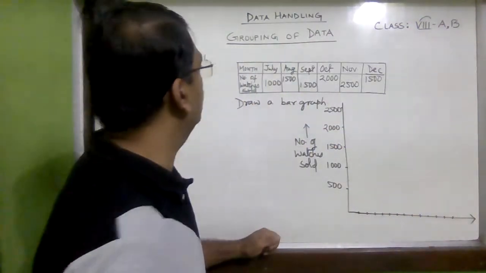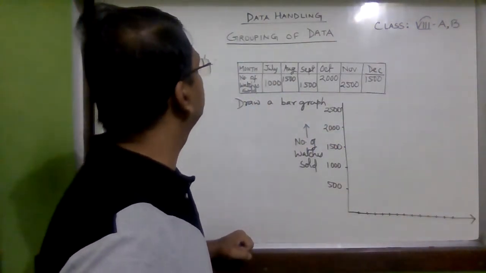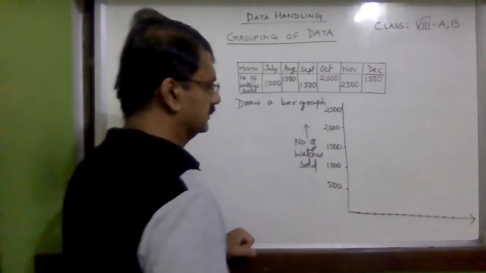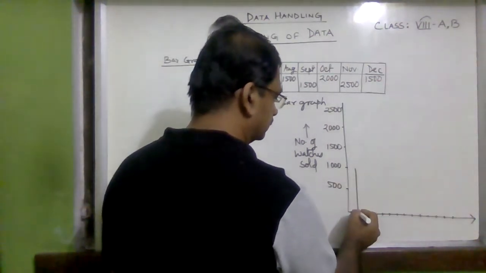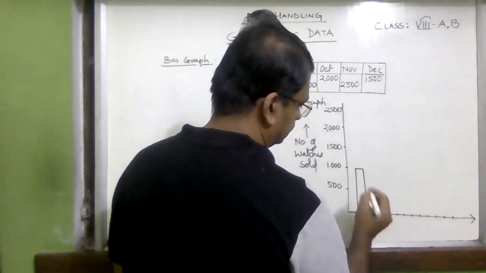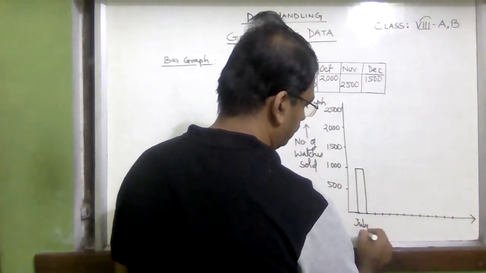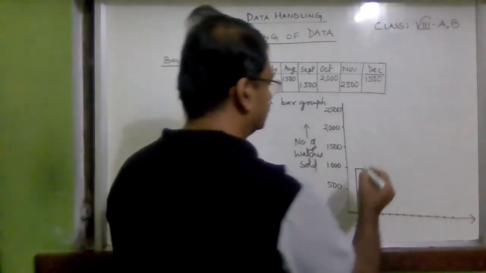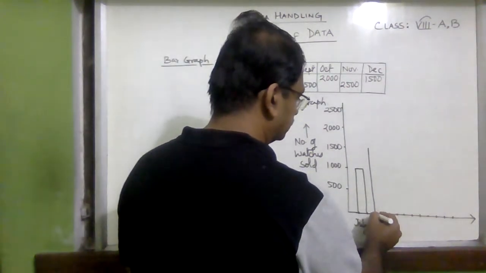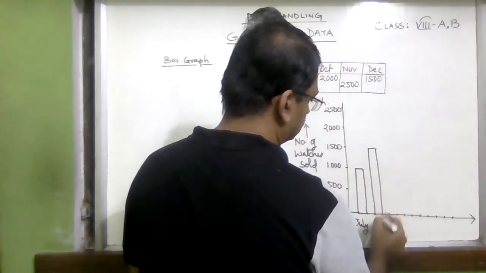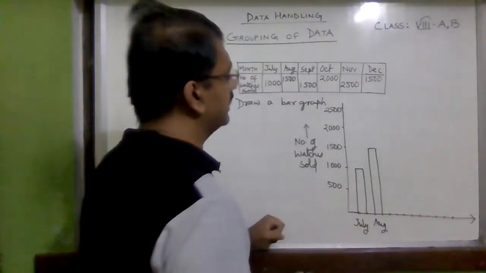Okay. Now, in the month of July, number of watches sold is 1000. This is July. Then in the month of August, 1,500 watches are sold. Then in September again 1,500.